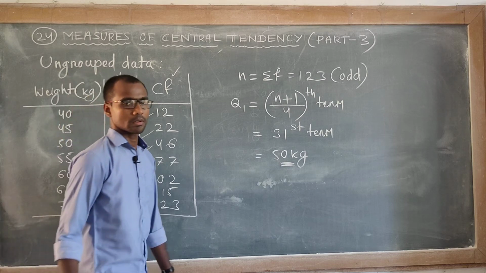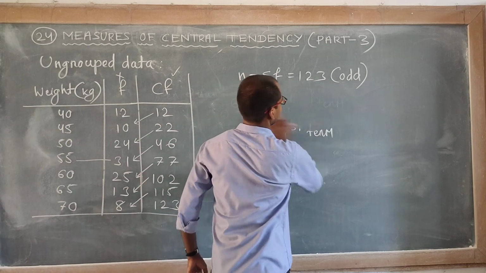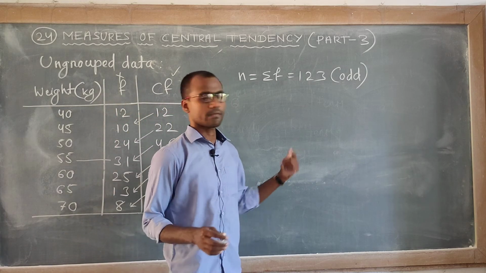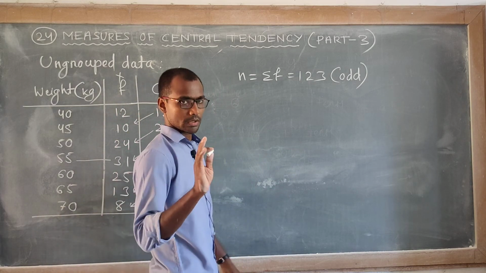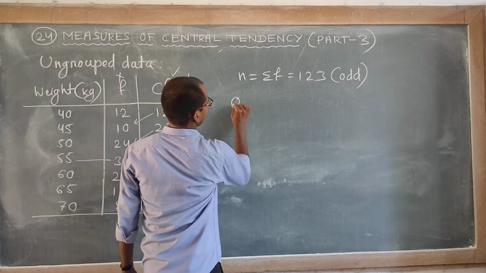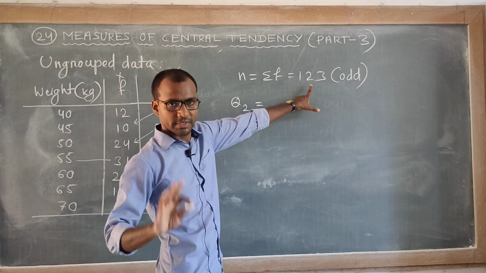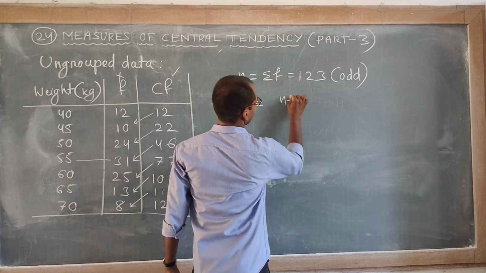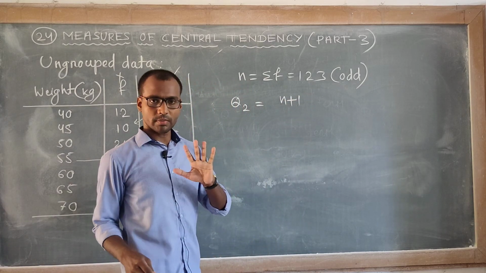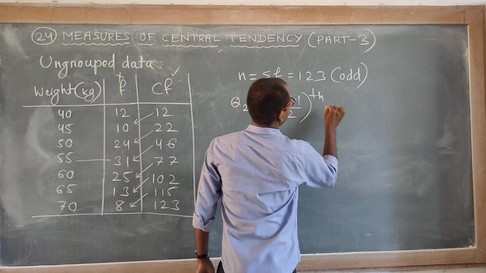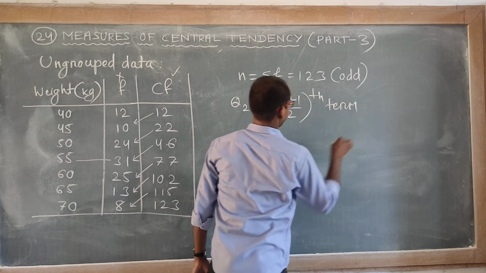Now we will go for Q2. Without CF we cannot find this, for tabulated data. Next is Q2. Again odd means n plus 1. Now median means 1 by 2, so the (n plus 1) by 2 term.